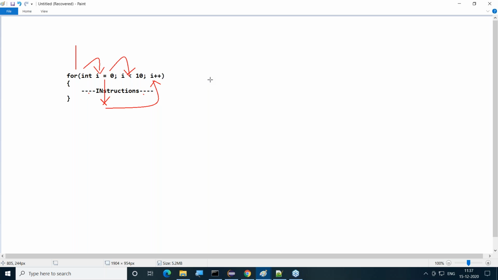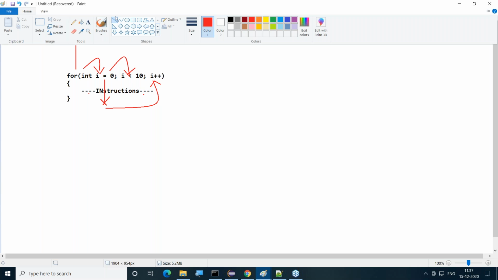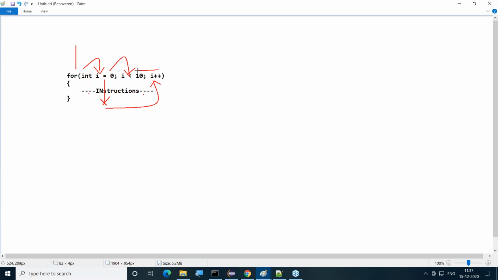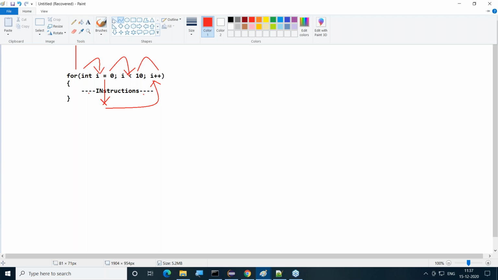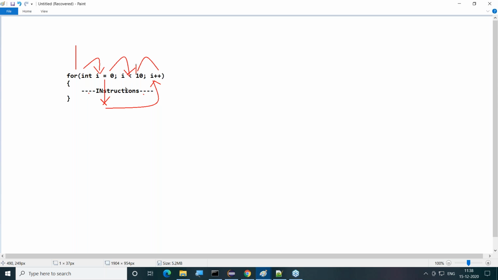When expression 3 is executed, the flow of execution comes to expression 2 again. Again, it's a conditional expression. It may provide a true or false value.